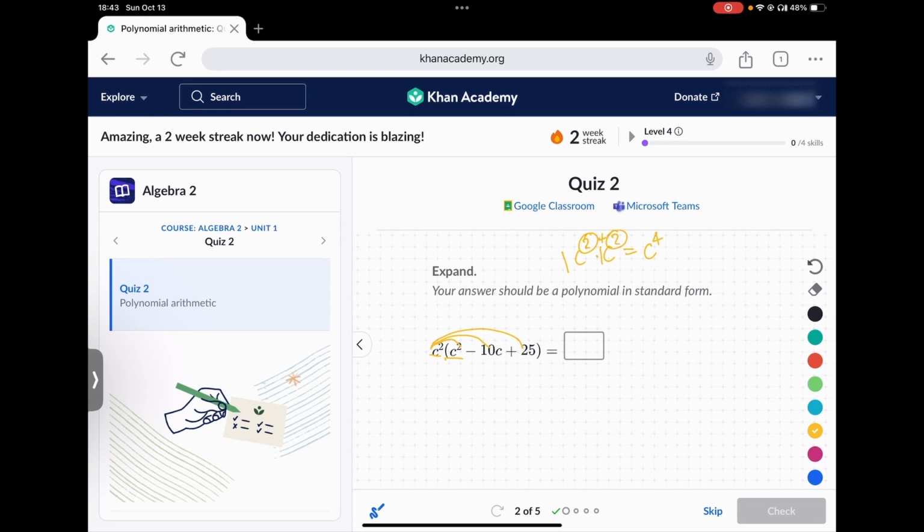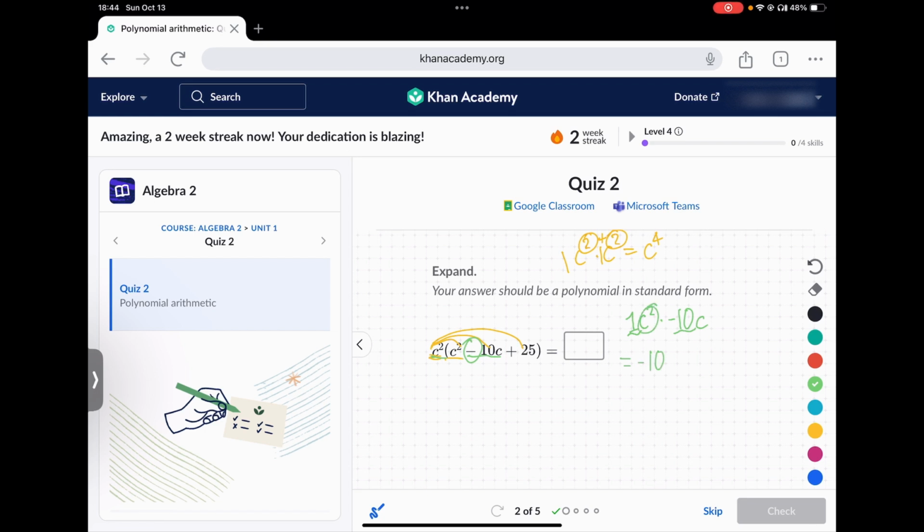And the next one, c squared times negative 10c. Don't forget the negative, because when you multiply the two terms, you gotta include in front of it, negative or positive. So c squared times negative 10c. This one is omitting 1, so if you multiply these two coefficients, it's gonna be negative 10.